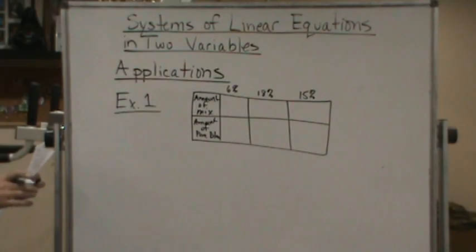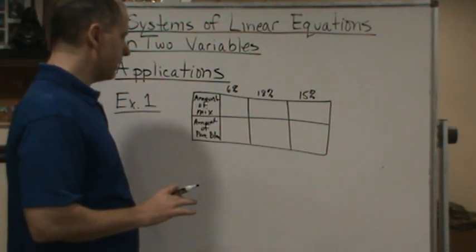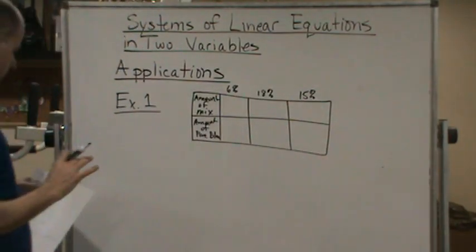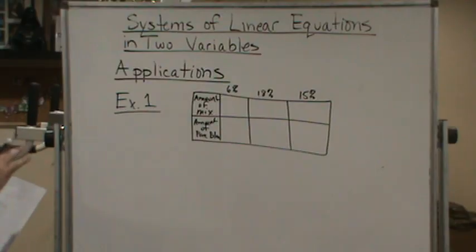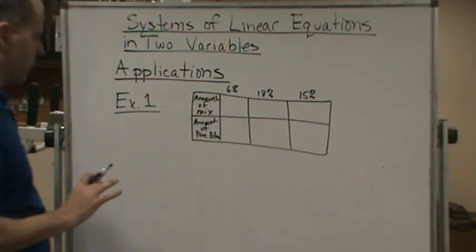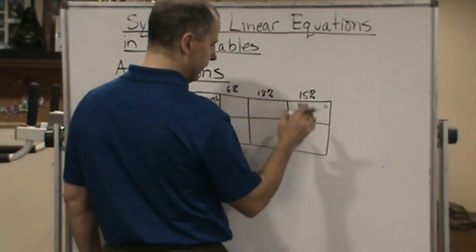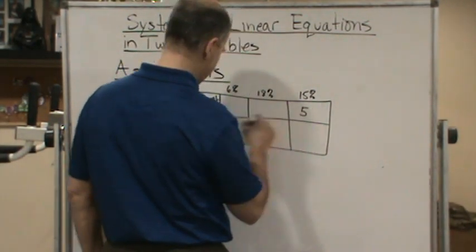Okay, now, we have to have two equations, right? One is we need to have a total of 50 liters, so let's say that's the amount of the mixture.